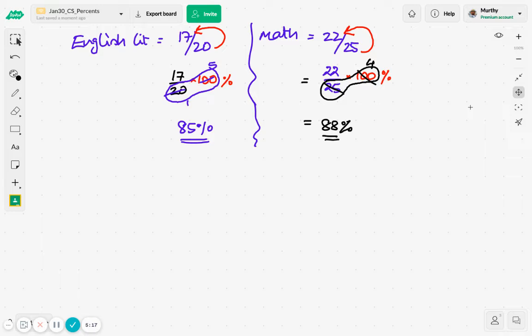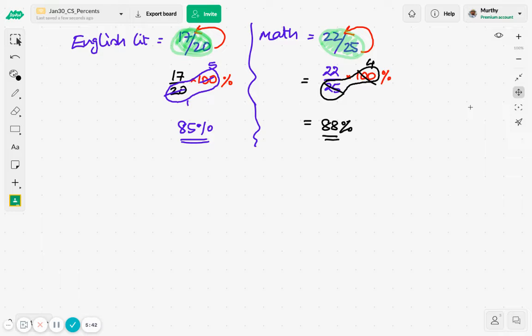Initially, when you saw the question, you thought in English literature, 17 out of 20 means you lost 3 points, and in math also you lost 3 points. So it appears that both the scores seem to be the same, that the performance in both the subjects seems to be the same.